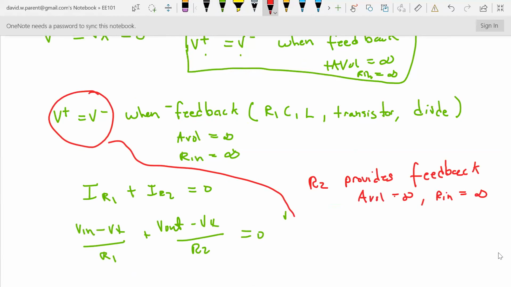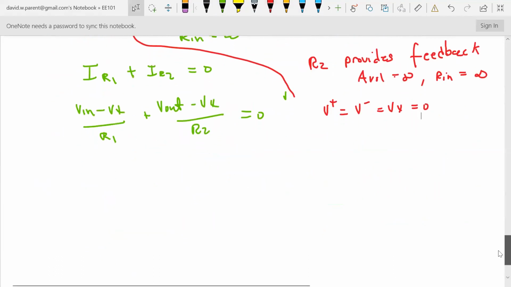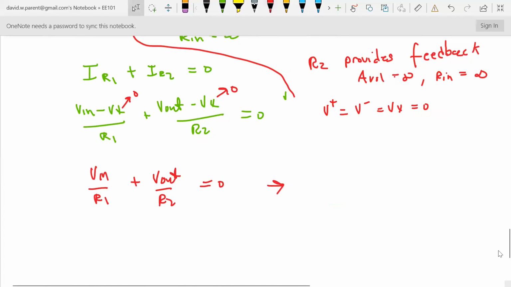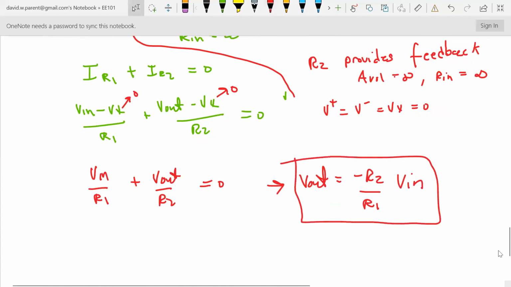So now V plus equals V minus equals Vx equals 0. Well, now Vin over R1 plus Vout over R2 equals 0 will lead to Vout equals minus R2 over R1 Vin, which is probably something you have memorized by now.